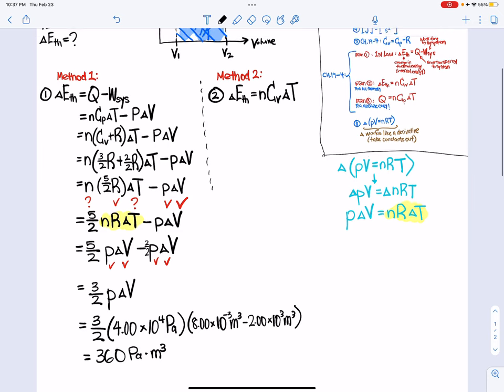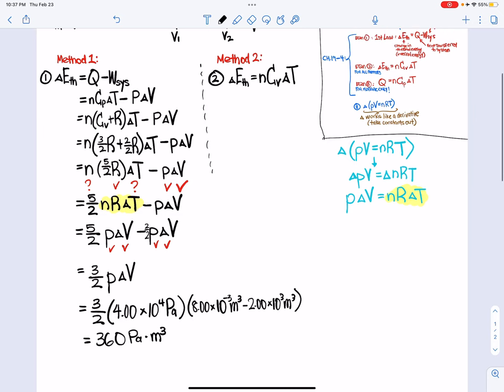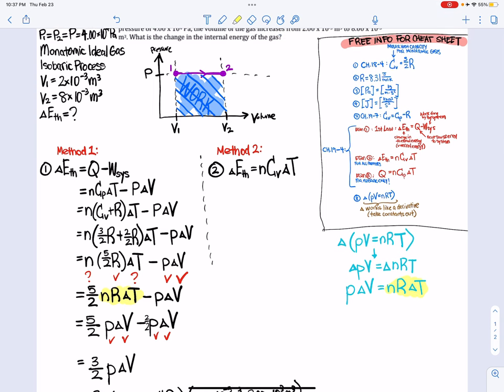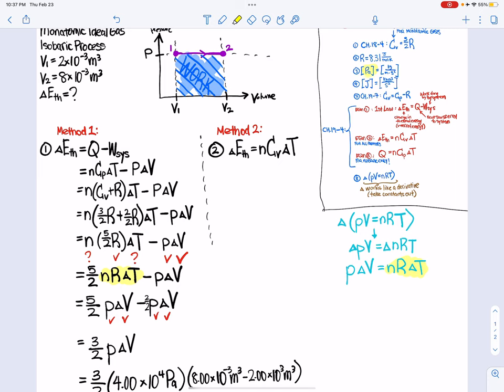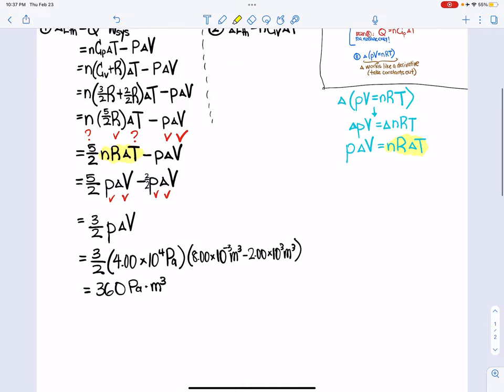That is a weird unit because we don't really use pascals times cubic meters. But in this free info sheet, we have pascals, and that unit can be changed to kilograms over meter times second squared, right? So let's do that. So it is equal to 360 pascals, which is kilograms over meter times second squared. And then we bring down this other quantity of cubic meter, right?